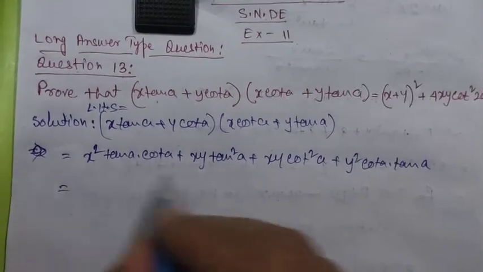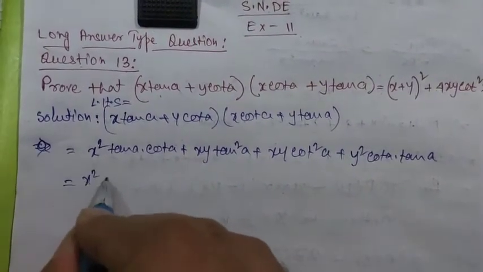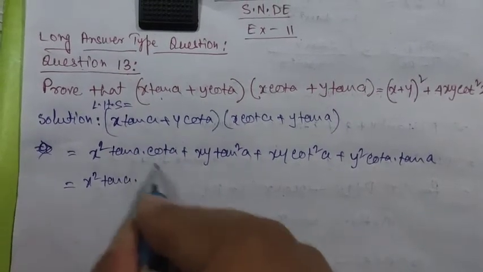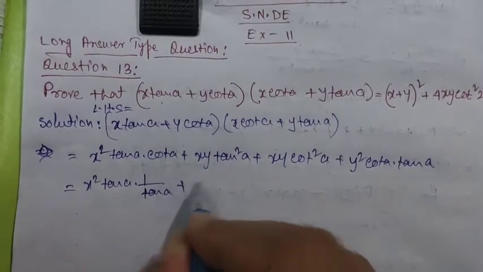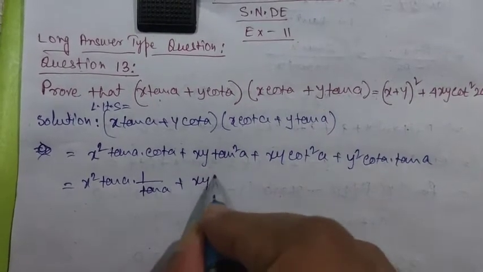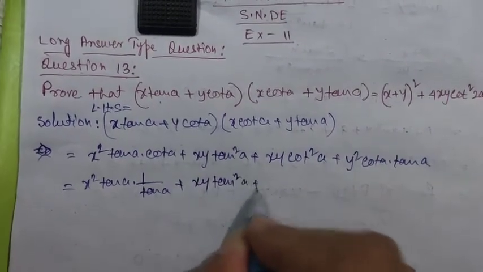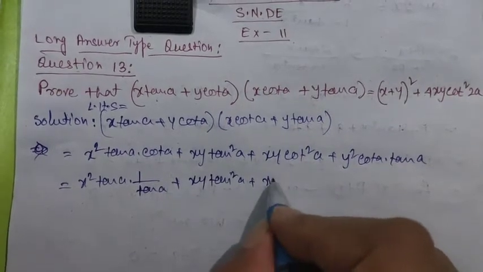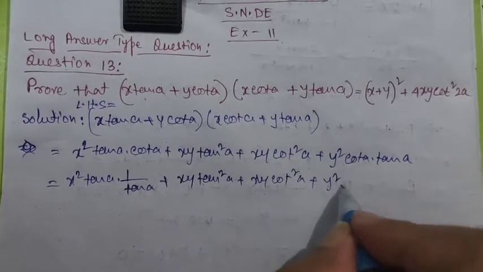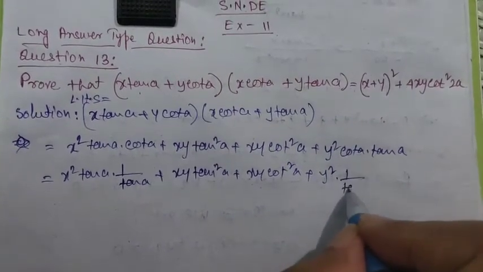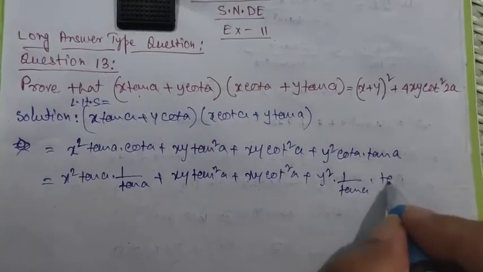Now next, x² tan a into cot a, we can write cot a as 1 by tan a, plus xy tan² a, plus xy cot² a, plus y² into cot a, we can write 1 by tan a into tan a.